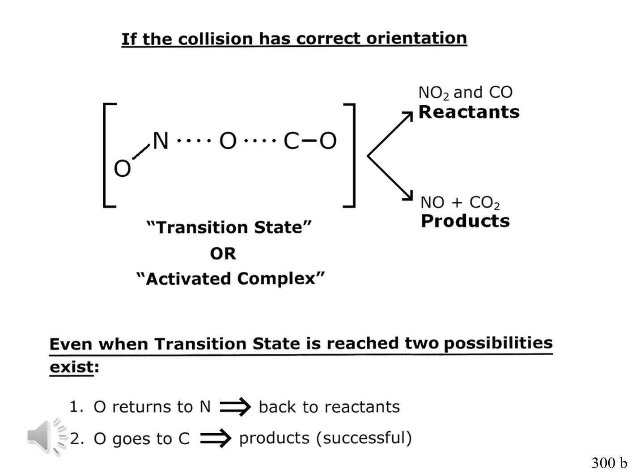Now we got to talk about what happens during the collision. The theory is that as the CO collides with the NO, the oxygen has to start to move towards the carbon. So the bond between the N and O breaks, and the bond between the C and the O starts to form.